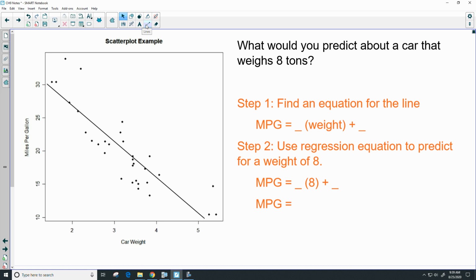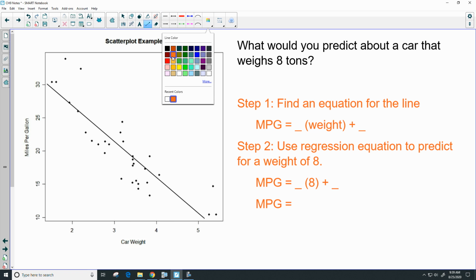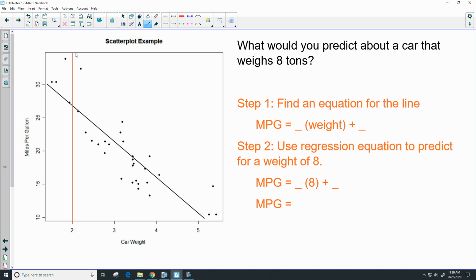And really, this is just a little trick here. I'm just going to try to find two values. So I'm going to put a line straight up from 2, and I'll put a line straight up from 4.